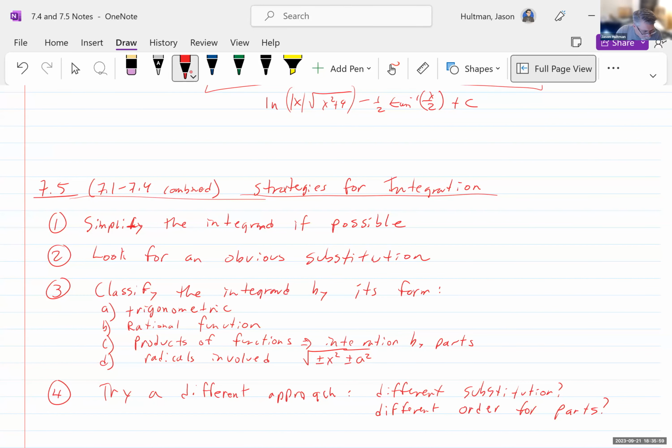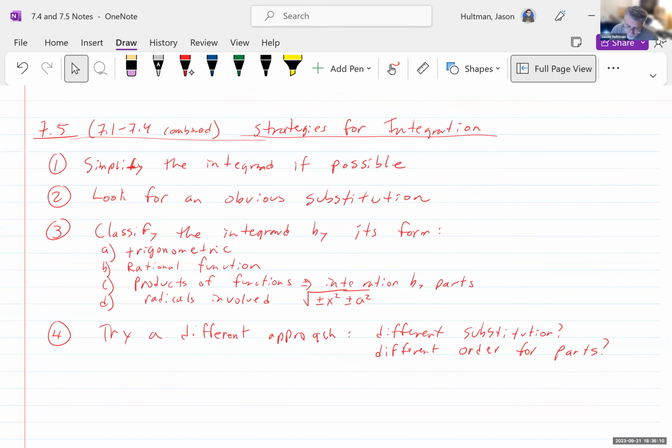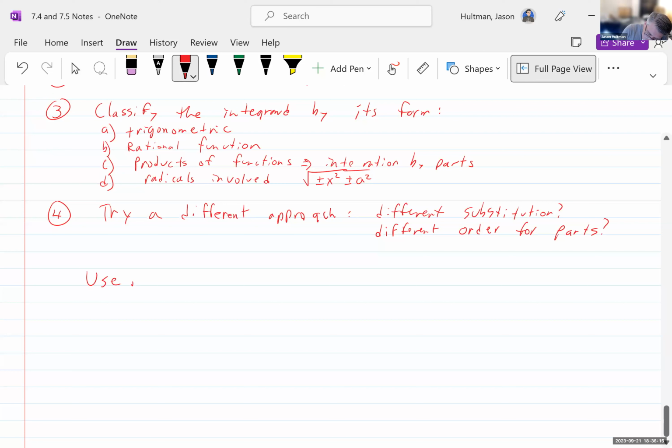Okay, some useful integrals, and this should be on your formula sheet. Okay, so some useful integrals that we can use inside other problems. Okay, the integral of secant squared x is tangent x.